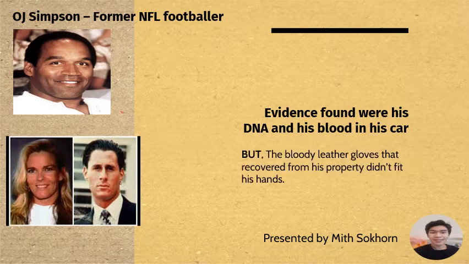From this example, we can learn that O.J. Simpson was found not guilty because of the glove, meaning that there was reasonable doubt that he was the murderer, because the glove used by the murderer does not fit his hand.